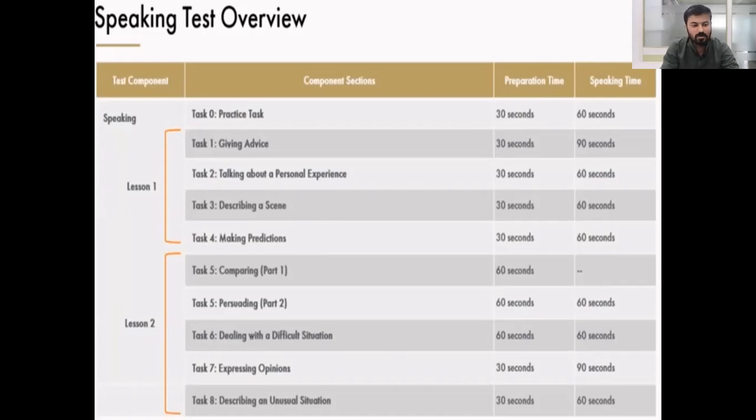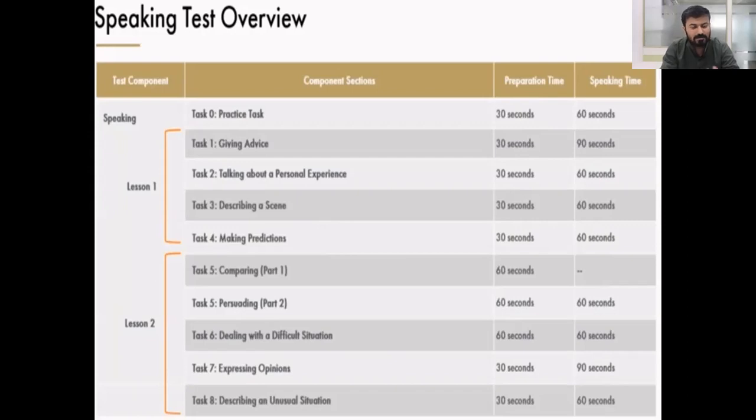Now, if we talk about task 5, then task 5 is about comparing. But if we see, then task 5 is actually divided into two parts, that is part 1 and part 2. So in part 1, you will be comparing maybe two objects or two topics that you come across with an image.